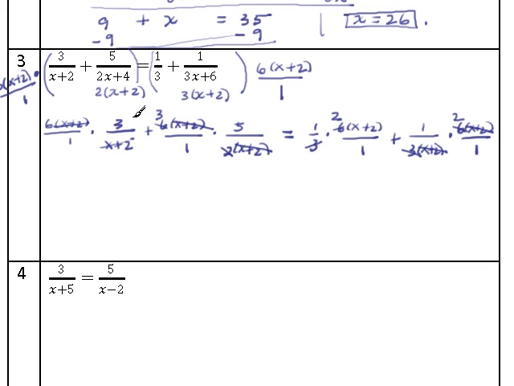All right, what do we have here? This first term, we have 6 times 3, we have 18. The second term, we have 3 times 5, we have 15. On the right-hand side, we have 2 times x plus 2 plus, and here we have 2.